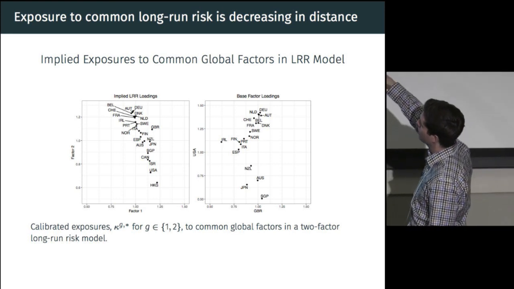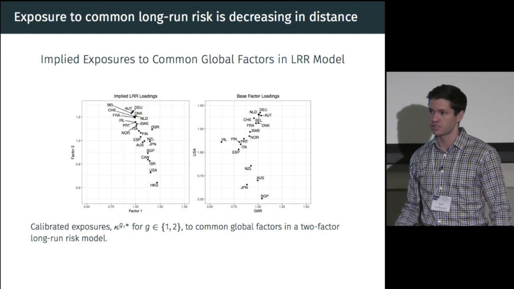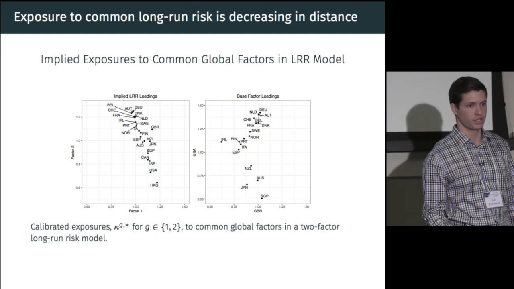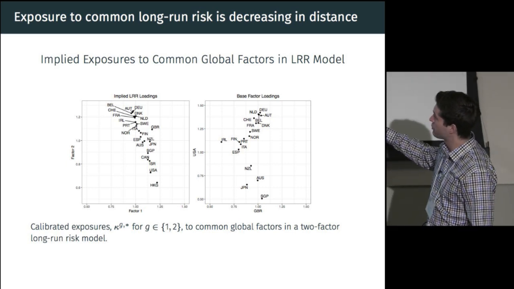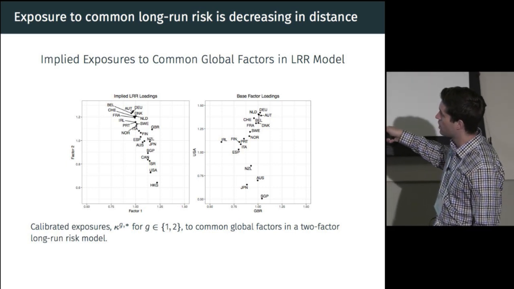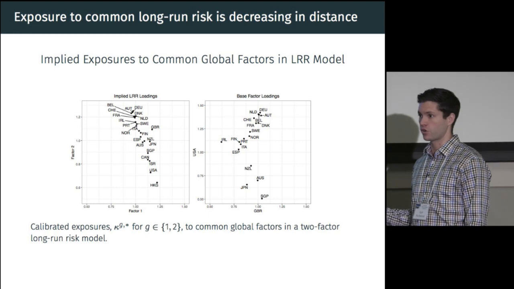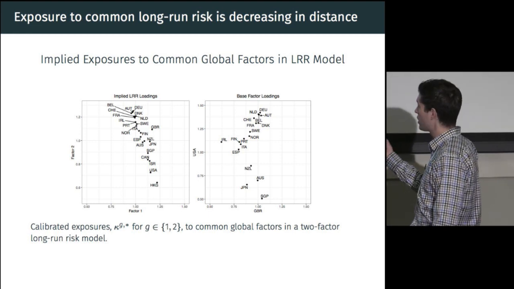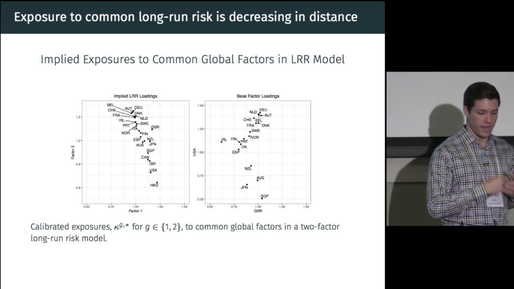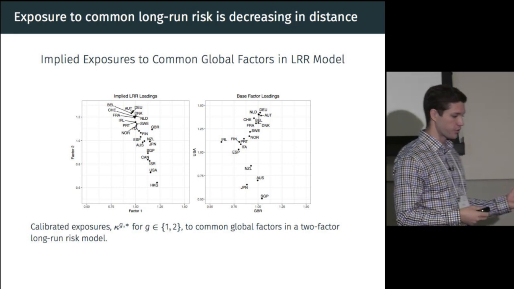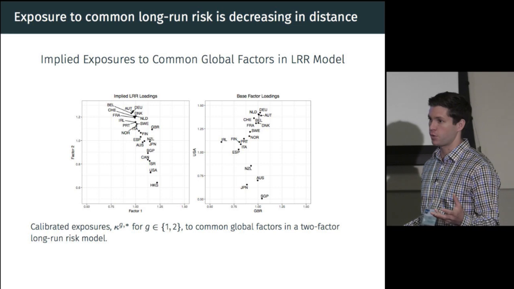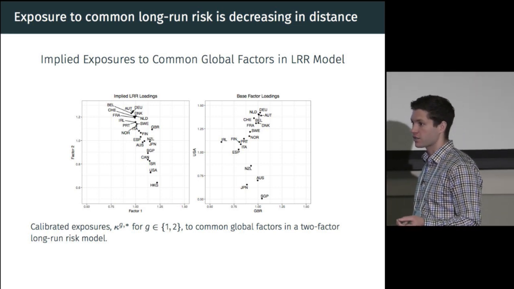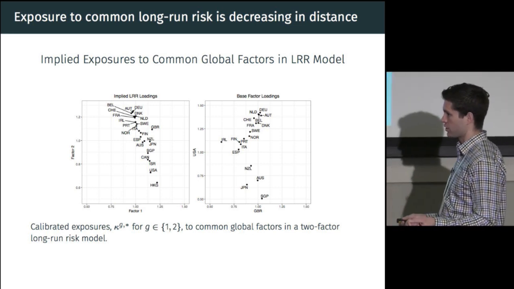But what you see here is that European countries tend to have very similar loadings to each other on these common global factors, whereas those are very different than the implied loadings of, say, the US and other North American countries. And so the takeaway from this is that our exposures to these base factors imply a substantial amount of heterogeneity in countries' exposure to common global shocks in any model of exchange rate determination.